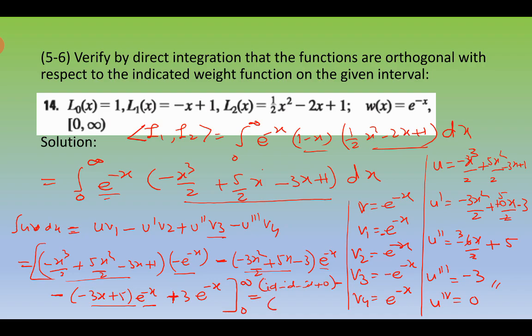Minus lower limit. X is 0. This 3 times will be 0, but there is 1. 1 into e power 0 is 1, minus 1. Second term will get minus 3, this minus plus 3 e power 0 is 1, so plus 3. This term will give you 0 plus 5, negative 5.